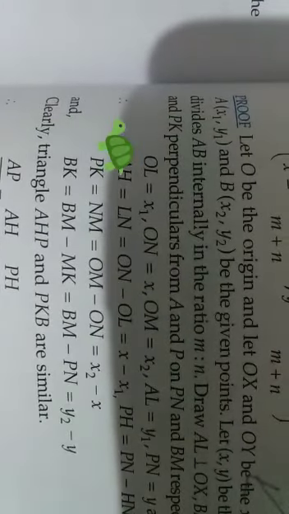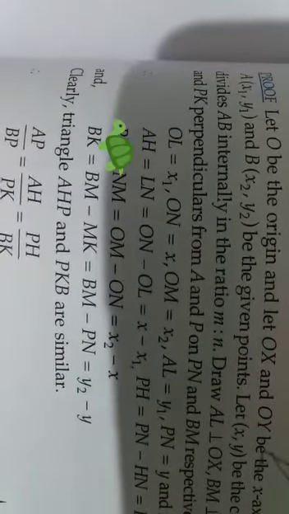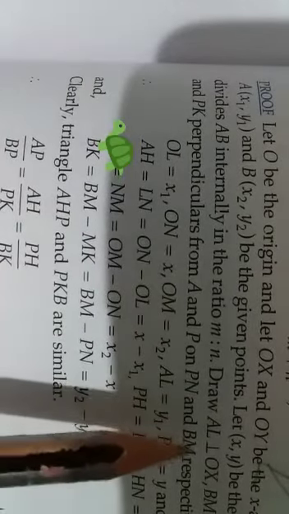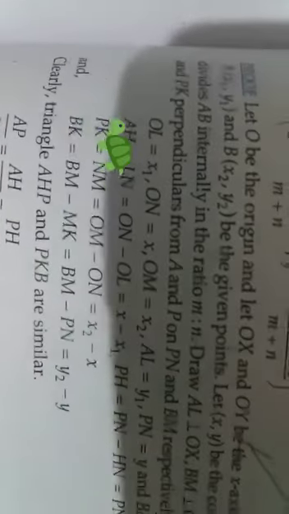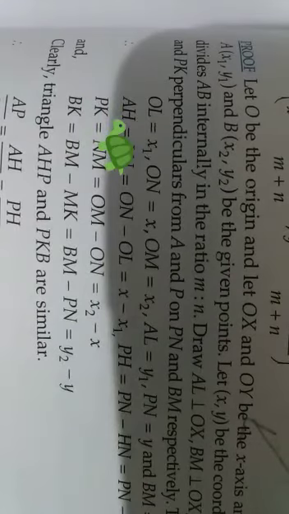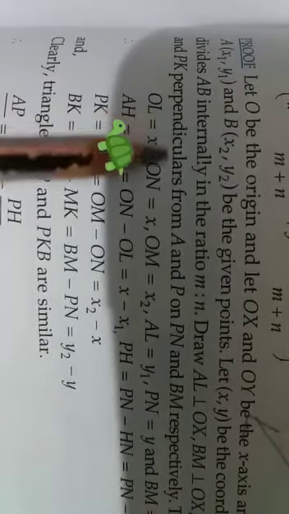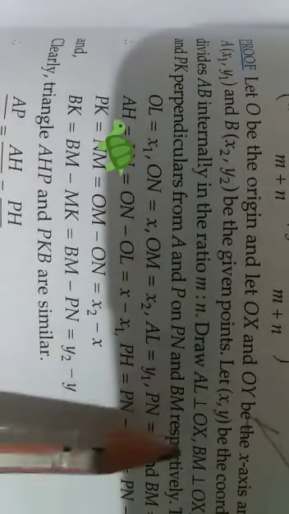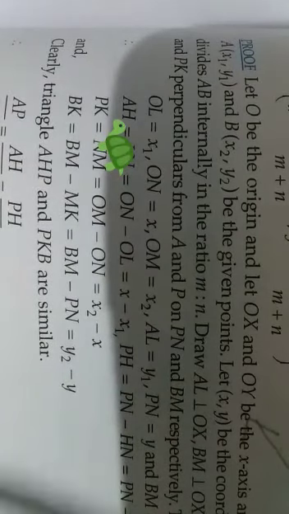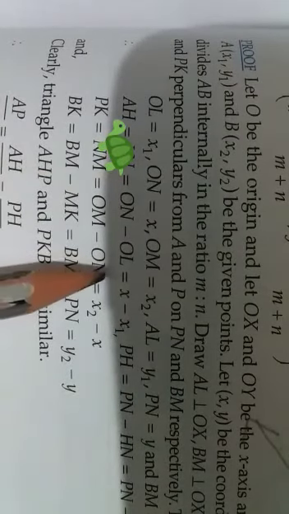So here we have written: let O be the origin, let OX and OY be the x-axis and y-axis respectively, let A(x1, y1) and B(x2, y2) be the given points, let (x, y) be the coordinates of the point P which divides AB internally in the ratio m is to n.